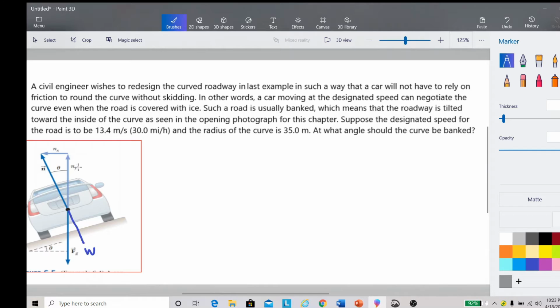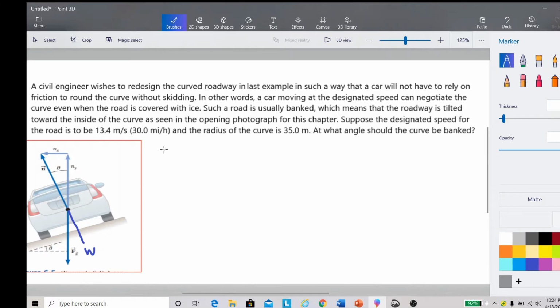Of course, yung normal force na yan, meron tayong tinatawag na y component at x component of that normal force. Kung mapapansin natin, along this radial direction, hindi natin pwedeng sabihing x direction ito, radial na yan dahil it negotiates the curve. Ang natitira na lang na force will be Nx.